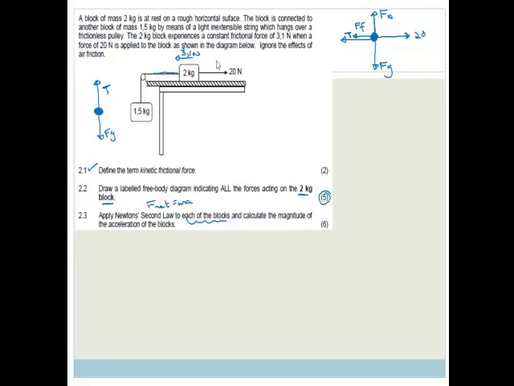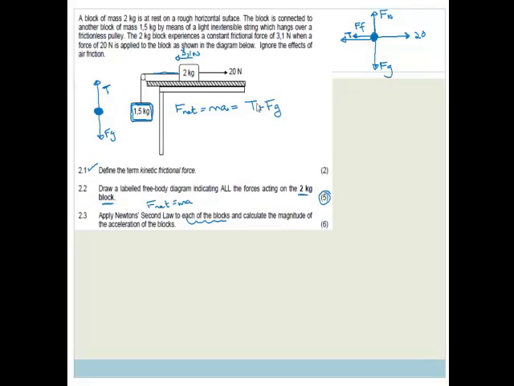So we also know that this object is accelerating. They're both accelerating. And they said calculate the magnitude of acceleration of the blocks. They're both accelerating with the same magnitude. So if I look at this one and write out my formula for Newton's second law, do you agree that F net, which equals mass times acceleration, would equal the sum of these forces, which would be T plus the force of gravity?